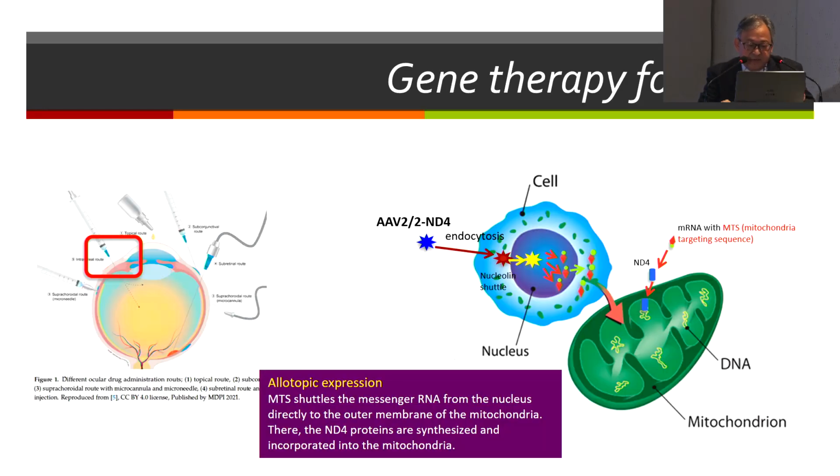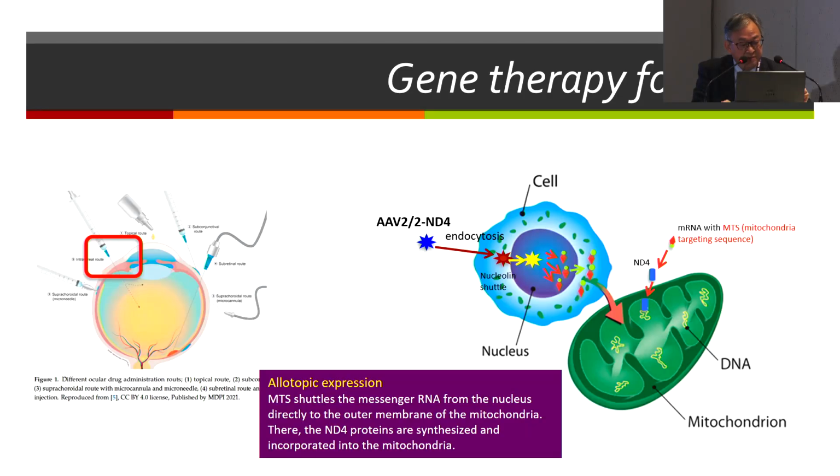Next, we will talk about gene therapy. Gene therapy adopts a strategy we call allotopic expression, in which we send the AAV carrying the ND4 subunit into the retinal ganglion cell by endocytosis, and it is then shuttled into the nucleus.